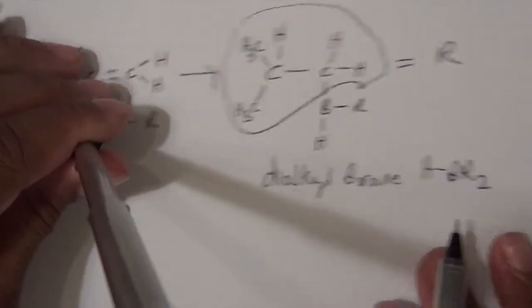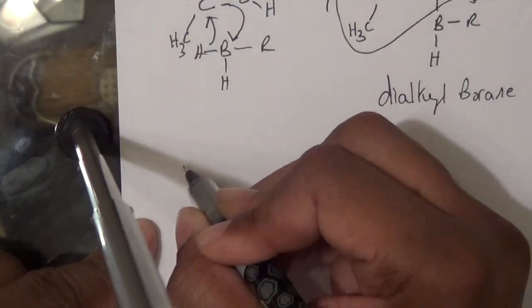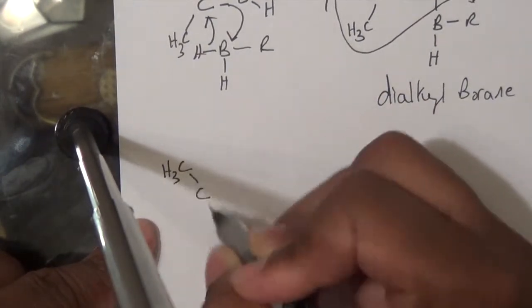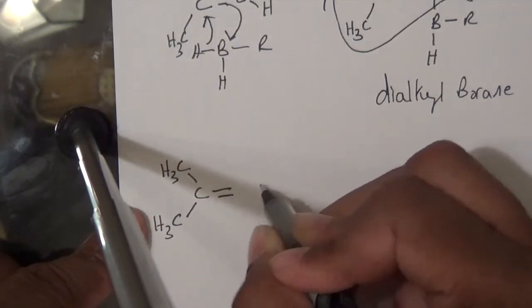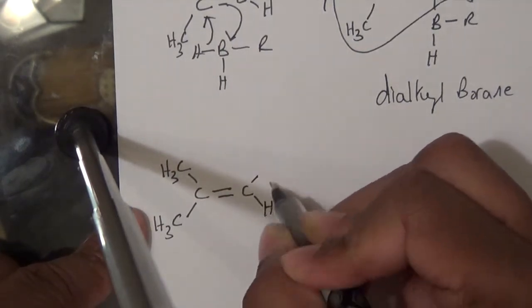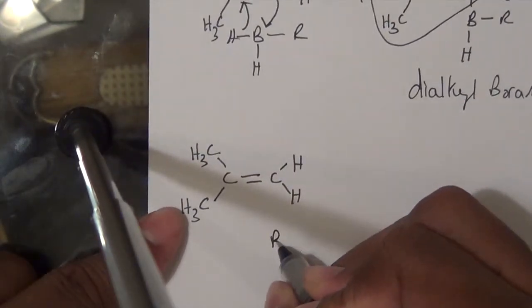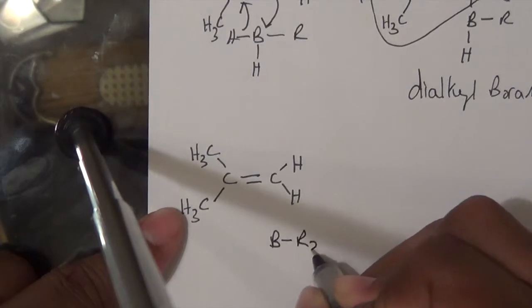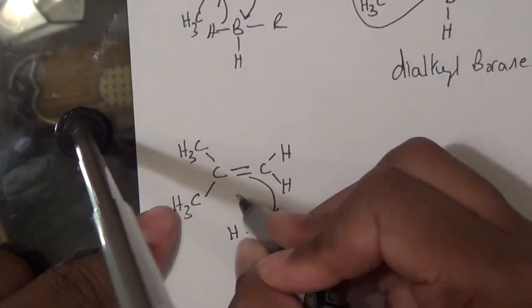So we'll repeat that one more time. So we'll go back to an alkene, BR2H.